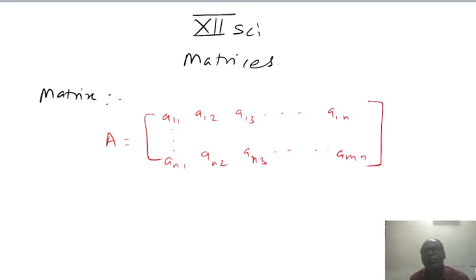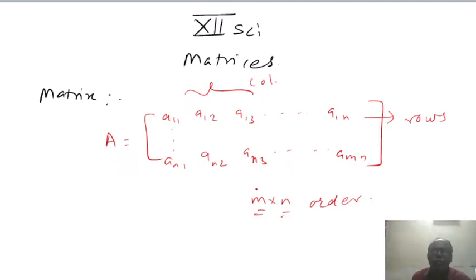This is your general format of a matrix, of M into N order. Means M rows and N columns. These are the rows of the matrix, and these are the columns of the matrix. This is your M by N order matrix.